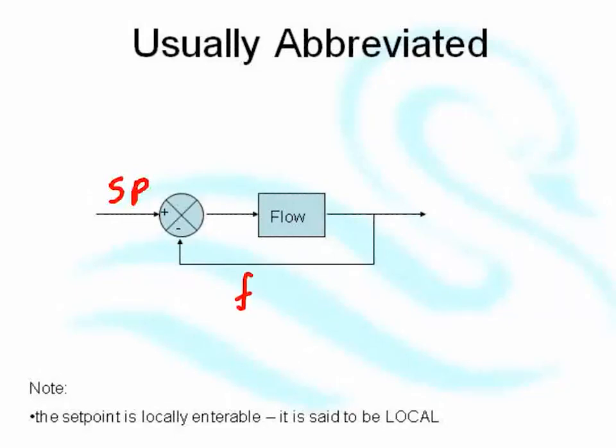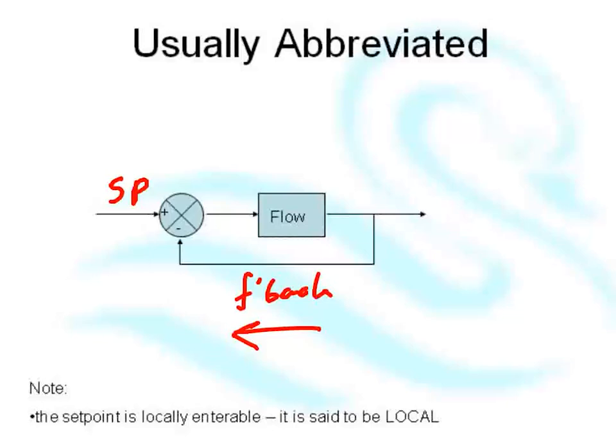This thing here, that's the feedback. It's obviously feedback because it's going back, so we don't need to label it as feedback. We make assumptions like there must be some way of entering the set point, otherwise what's the point? We also make the assumption that we've got a valve out there that we can alter, otherwise, once again, what's the point?